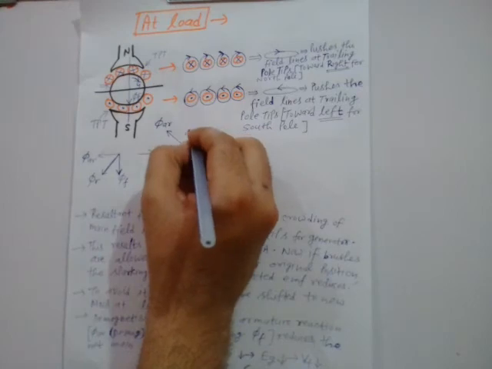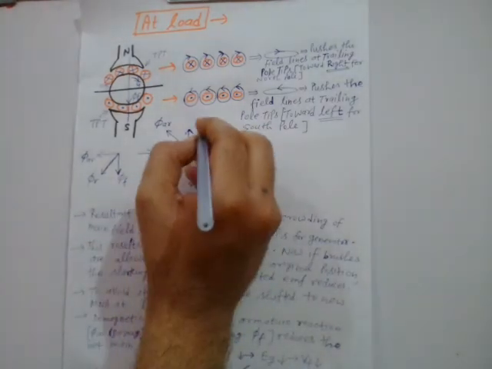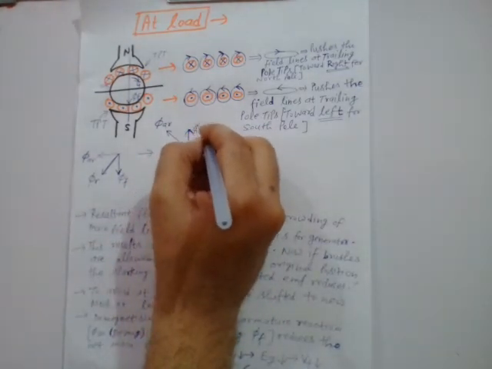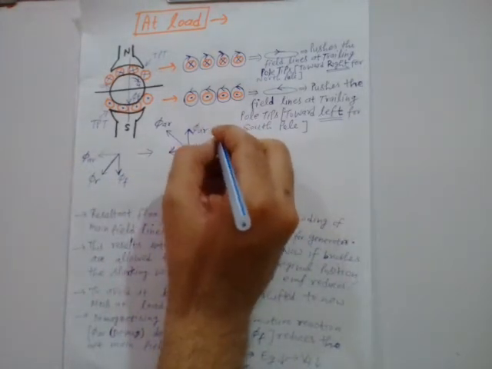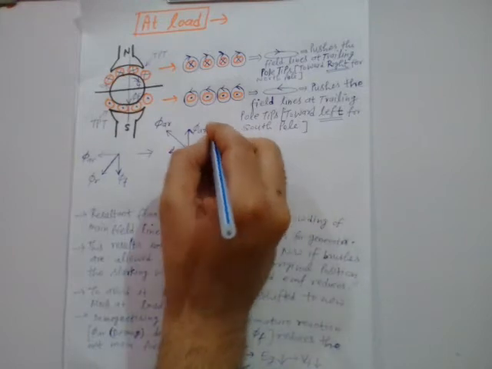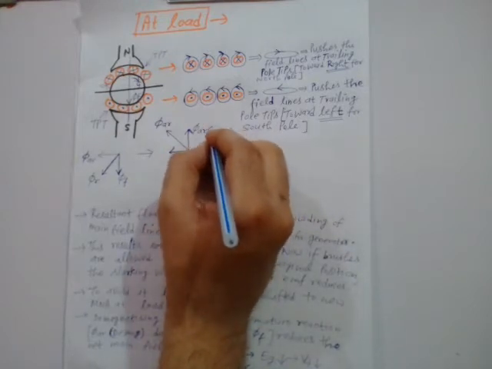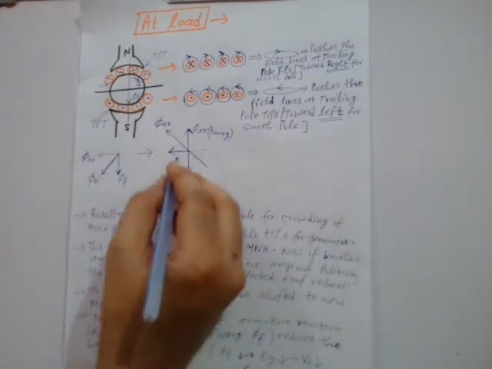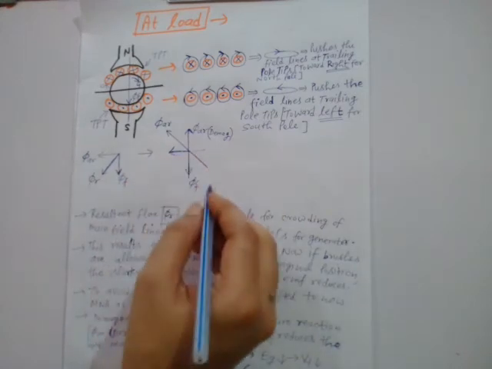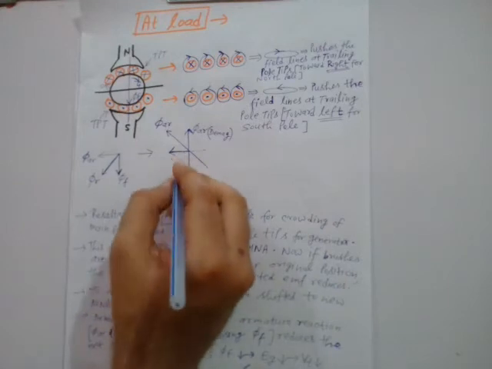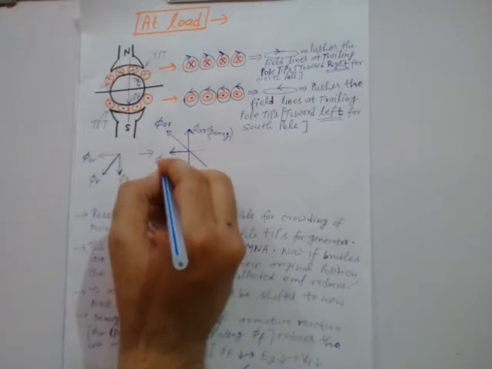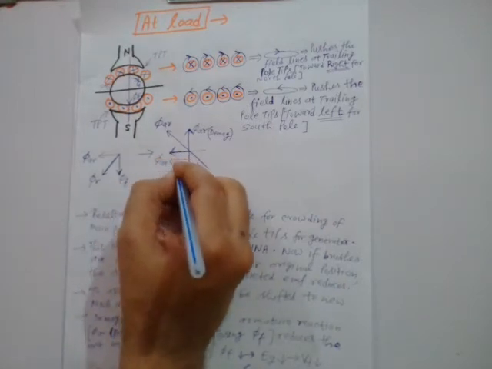So this particular component in the vertical direction, let me call this phi AR demagnetizing. In the bracket I have written demagnetizing. Why demagnetizing? Let us further discuss. And this horizontal component, let me call this phi AR cross magnetizing.